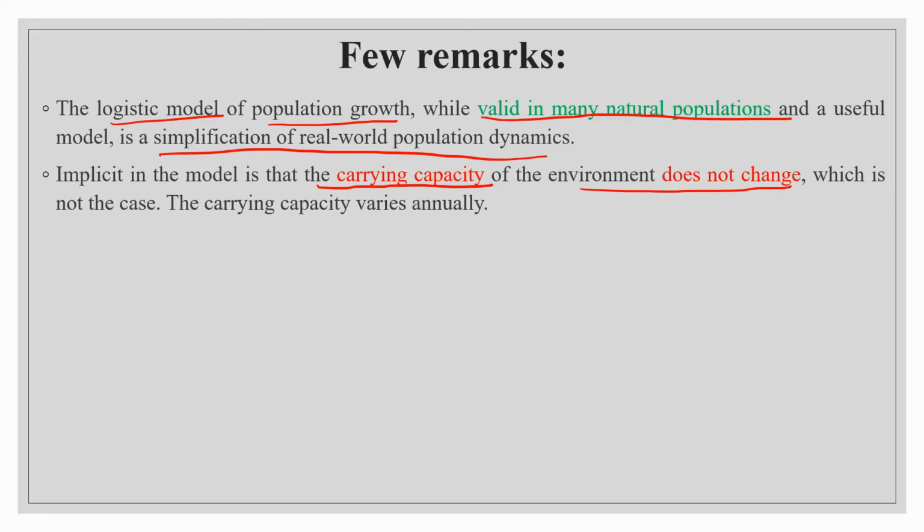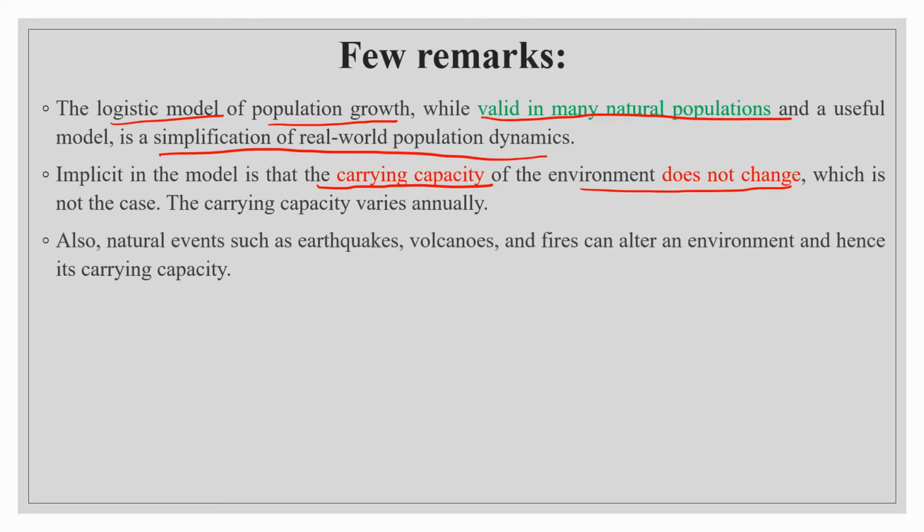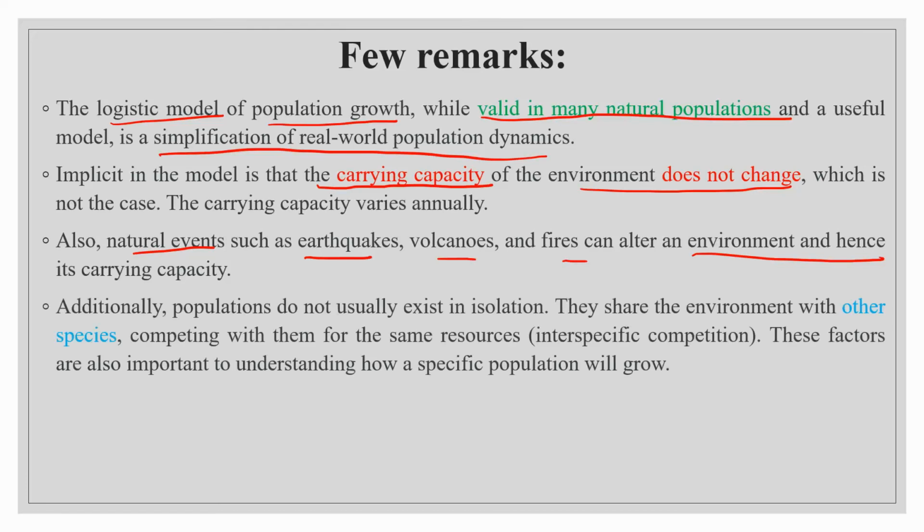You can see that the carrying capacity changes annually for many species. In the winter they have lower carrying capacity, in the summers it becomes high. Also natural events like earthquakes, volcanoes, and fires can alter the environment and hence the carrying capacity.